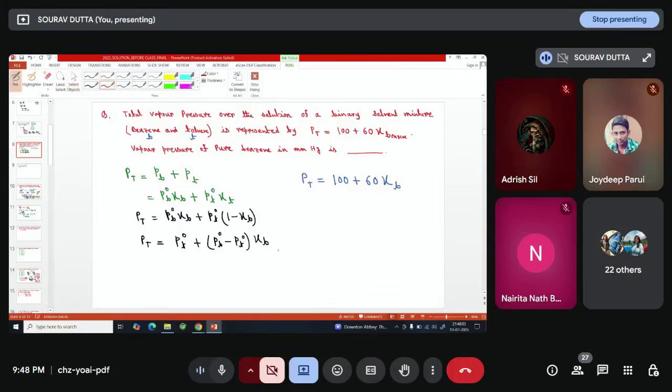Suppose this is your equation 1 and this is your equation 2. You can easily compare these two equations. In both cases, the left side represents the total vapor pressure over the solution.